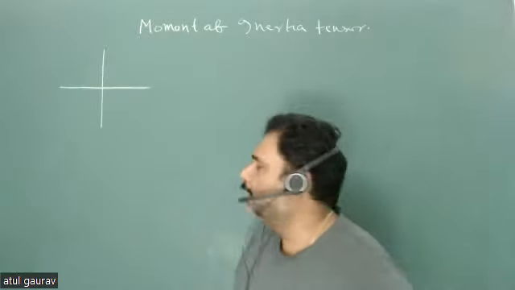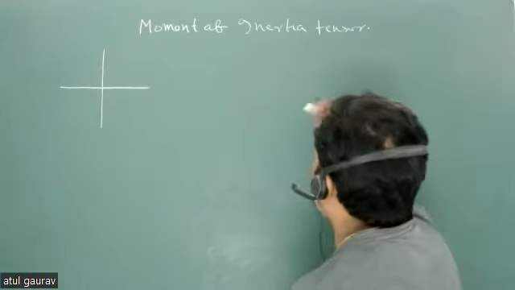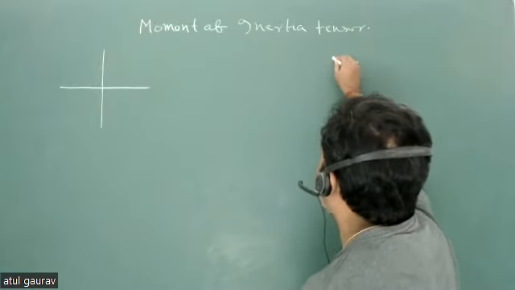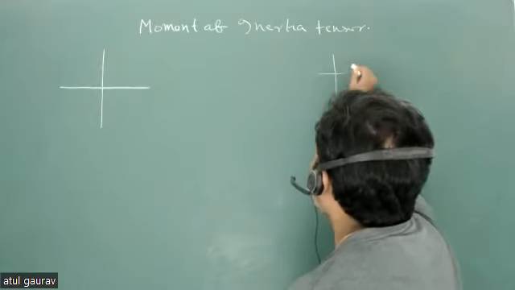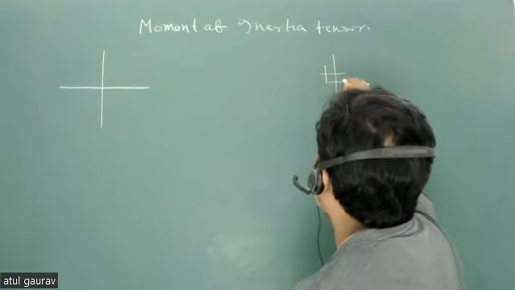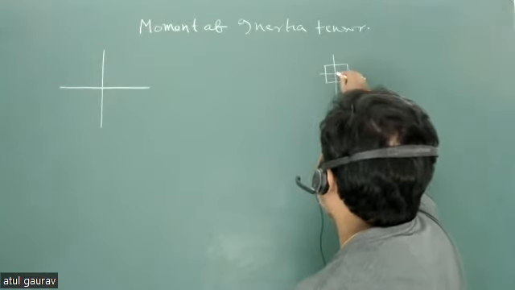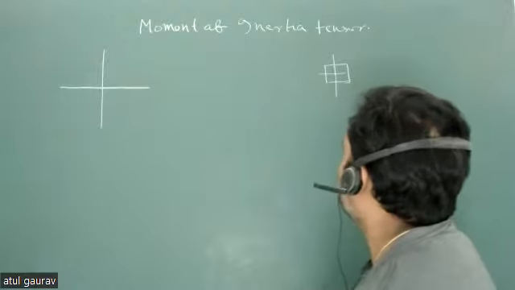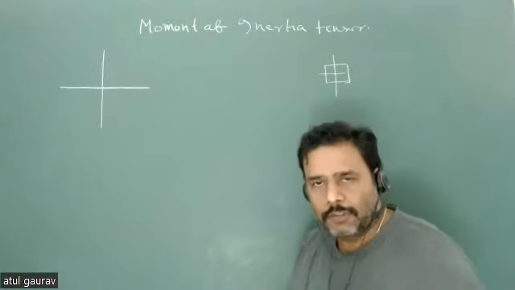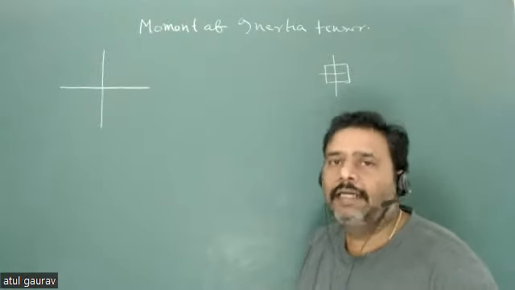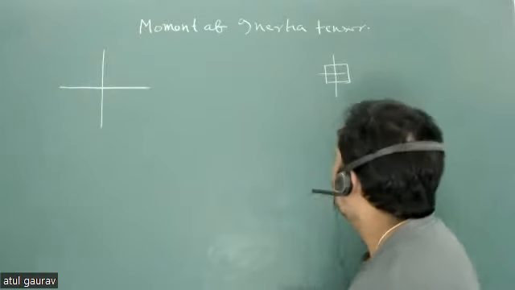I am just telling you this particular thing. Look here. We will discuss this type of problem also. Suppose I have a square plate and the origin is at the center of the square plate. The distribution of mass is entirely different with respect to the origin.